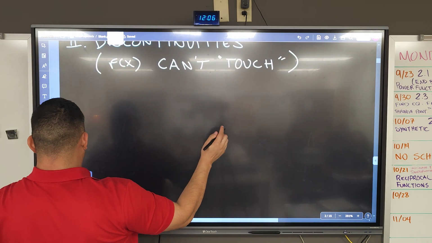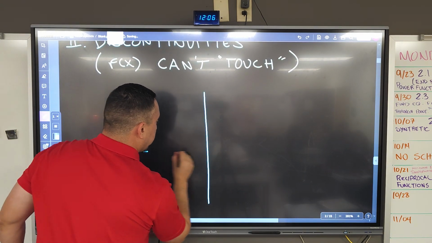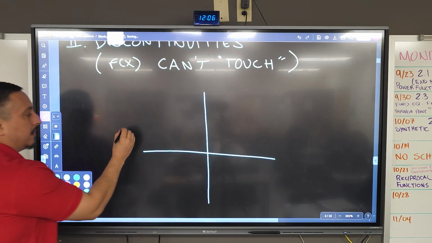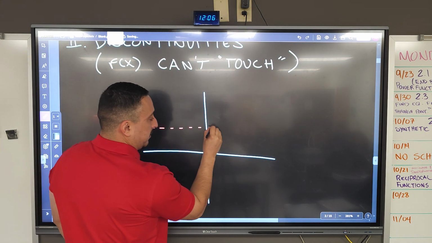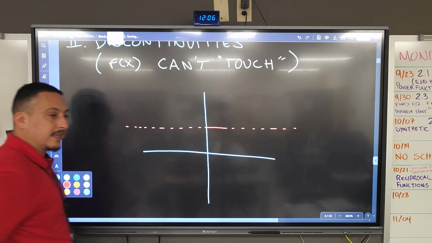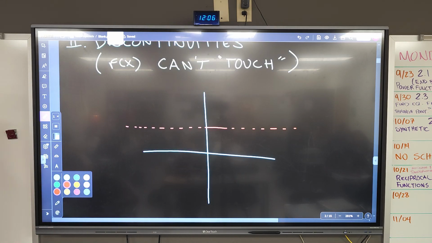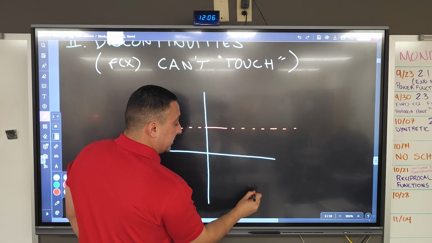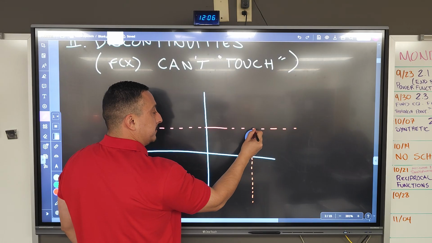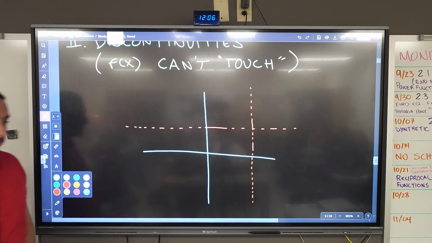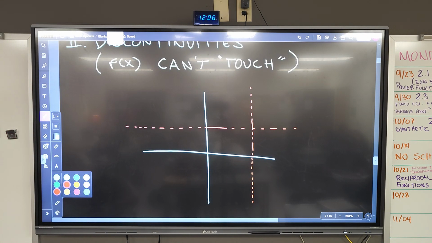So kind of in the middle of your paper, draw this. Draw an asymptote a little bit above the x-axis, and then draw another asymptote, a vertical one, a little bit to the right. I'll give you the first key to graphing these: the asymptotes. Always do the asymptotes first, and then you do the other part.